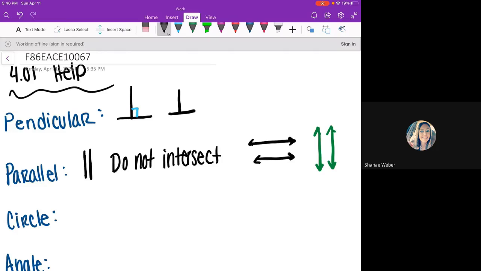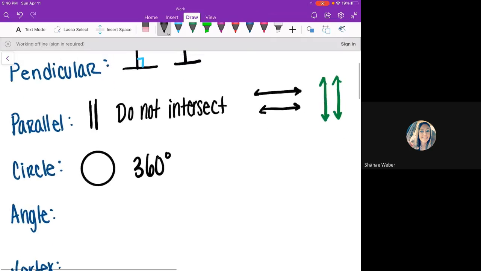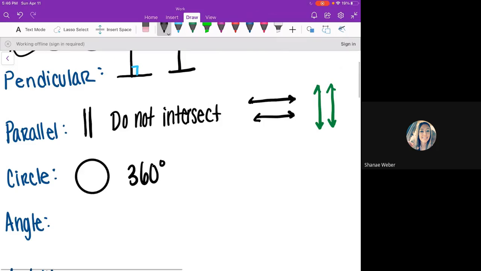I know you guys know what a circle is. I'm aware of that. Here's a circle. But something I want to just throw in here is that a circle is 360 degrees. So if you ever rotate something 360 degrees, you're rotating it in a big circle. Angle, the symbol for angle looks like this. So if I say that's an angle.